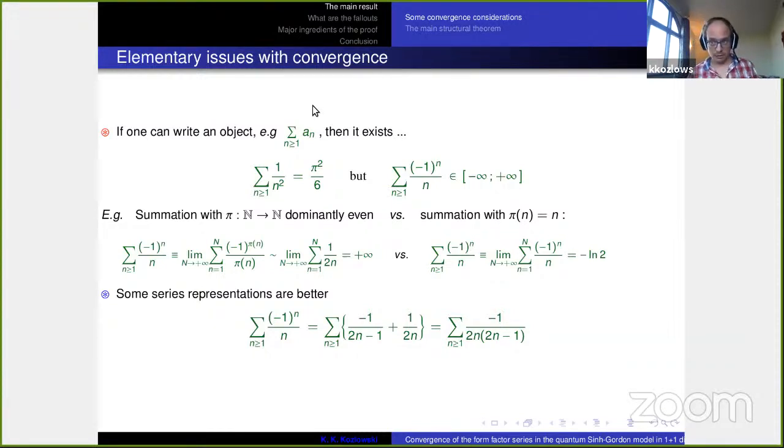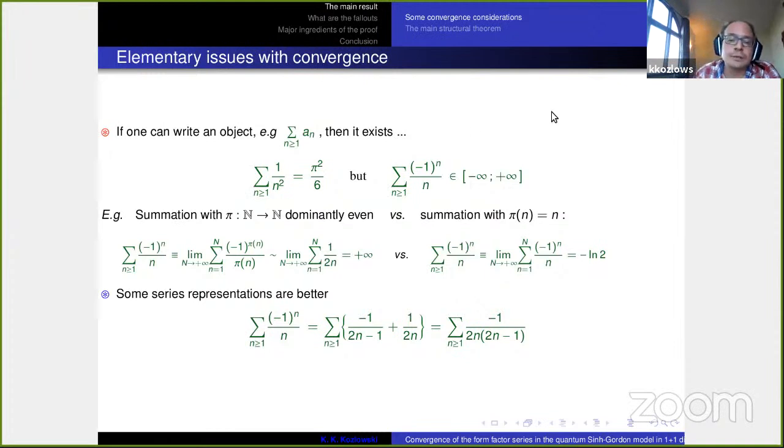The fact that one is able to push the algebra sufficiently far so as to write down some explicit expression for the summand of the series may already be a good indication that the result is well defined and all is fine. But there may be lots of subtleties in that.